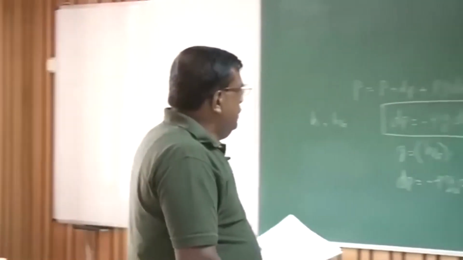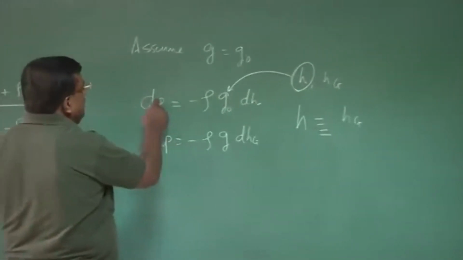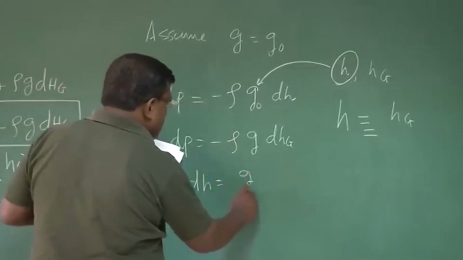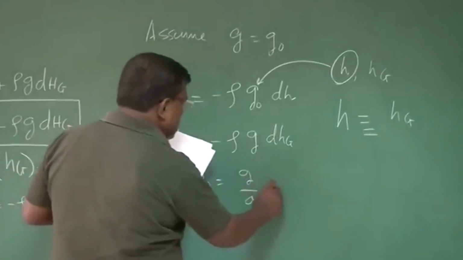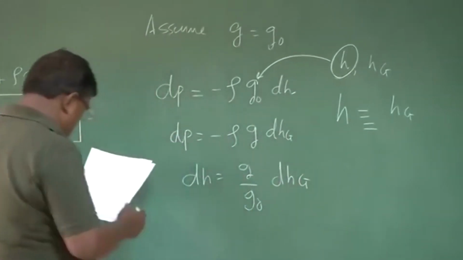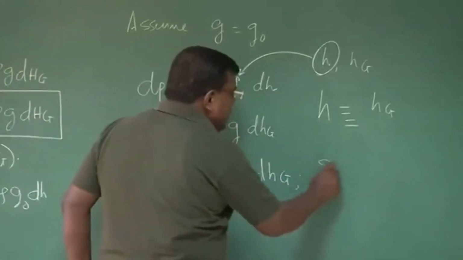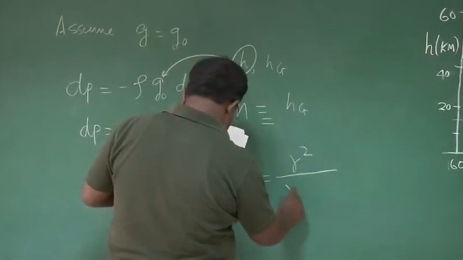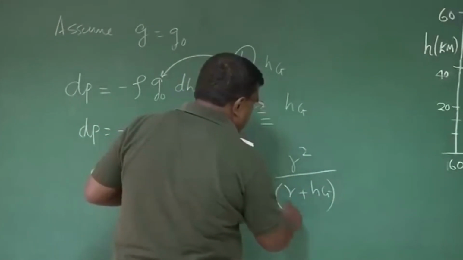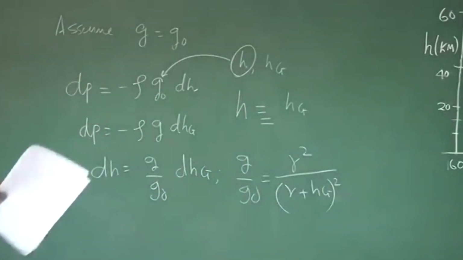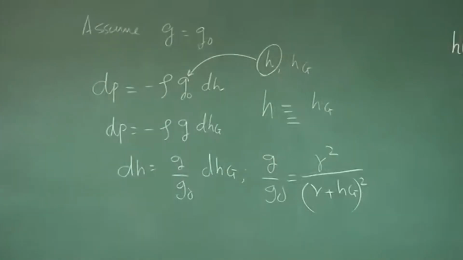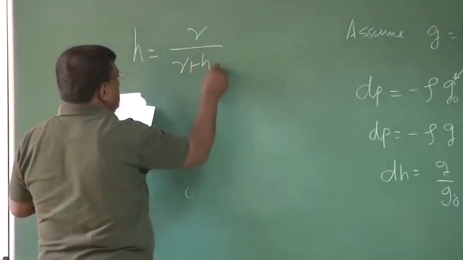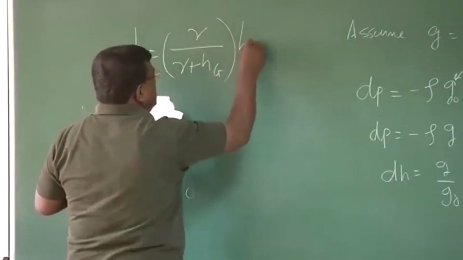Okay. So to do that, if I use these two relationships, I find that dh is equal to g by g naught into dhg. And since I know that g by g naught is nothing but r square by (r plus hg) square, where r is the radius of Earth, using these two relationships I can write h equal to r by (r plus hg) into hg.